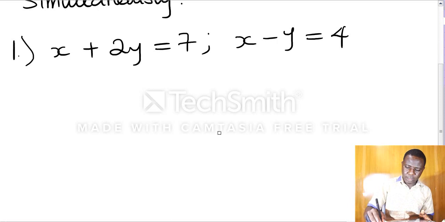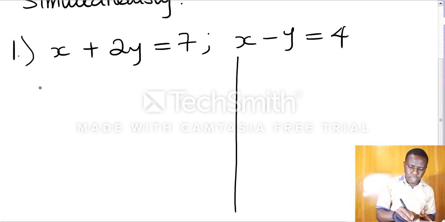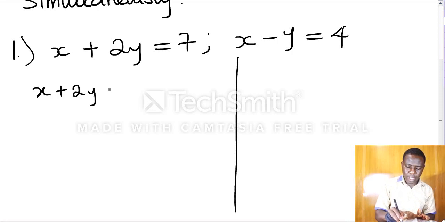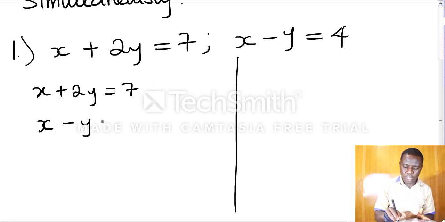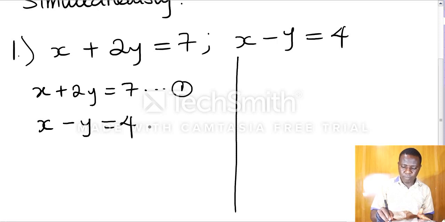So I'm going to write both equations. This is x plus 2y is equal to 7, while the second equation is x minus y is equal to 4. I'll call this equation 1 and I'll call this equation 2.